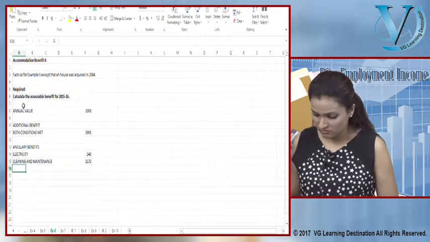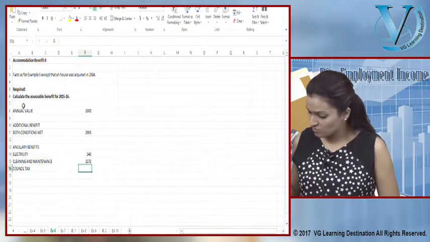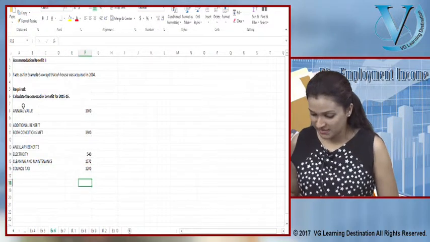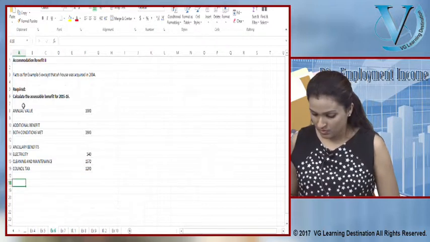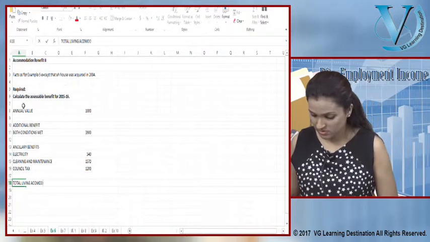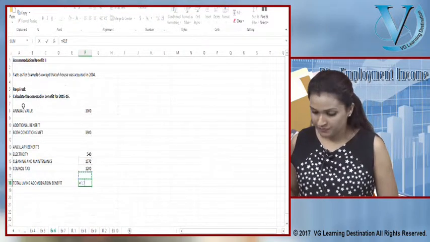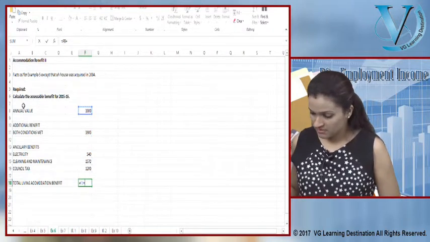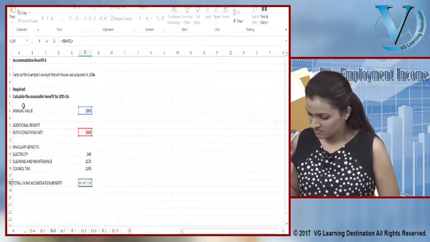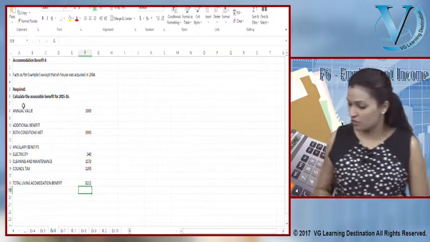And then there was council tax to be paid, which equals £1,200. The total of this becomes the total value of the living accommodation benefit.